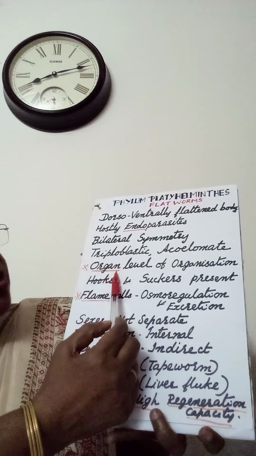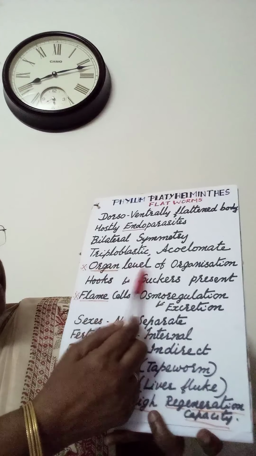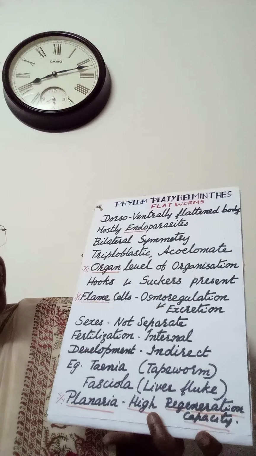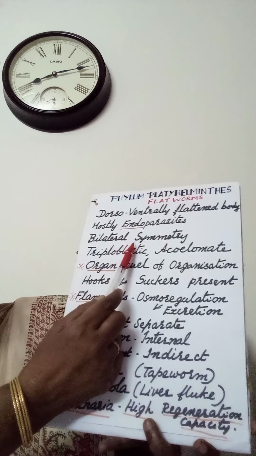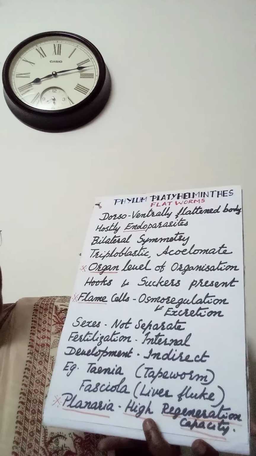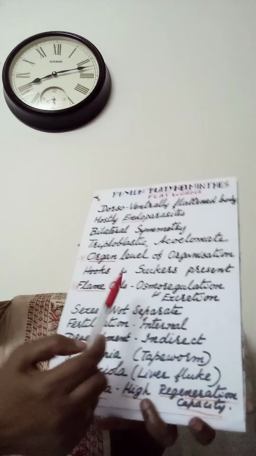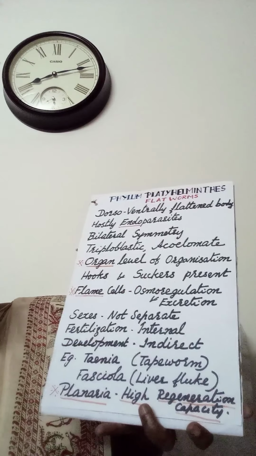In Cnidaria and Ctenophora, we have studied tissue level of organization. Here, organ level of organization. Symmetry in Ctenophora and Cnidaria is radial. Here, bilateral symmetry. Then parasitic adaptations are there, that is hooks and suckers are present.